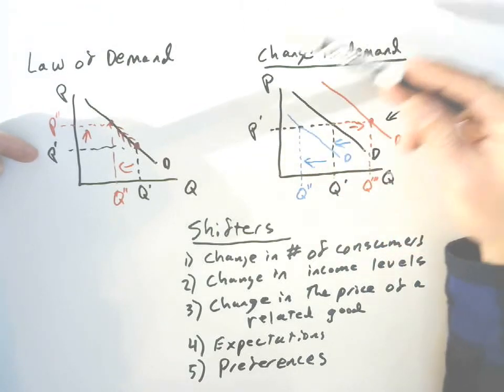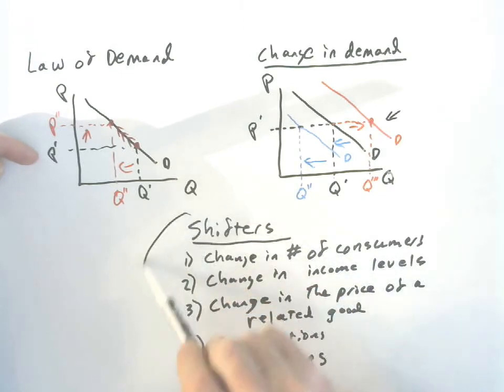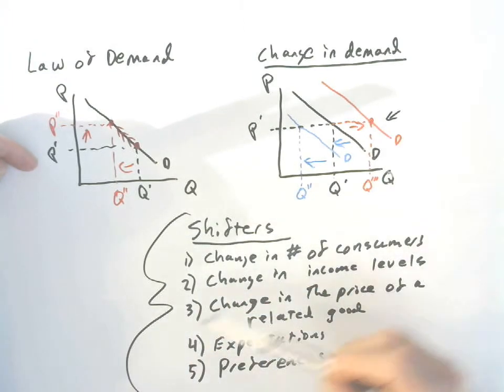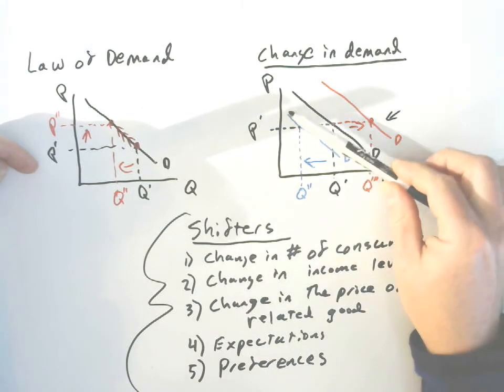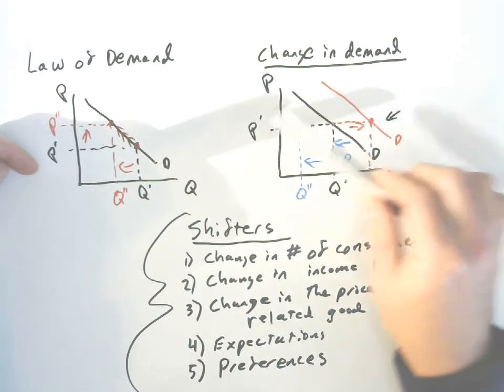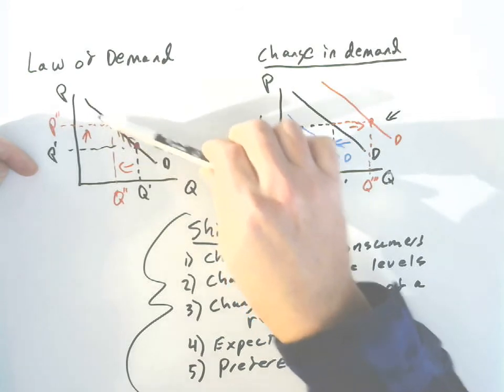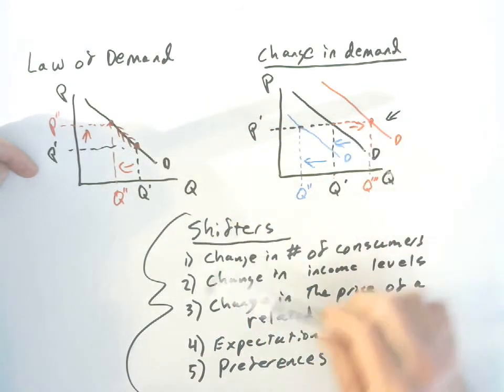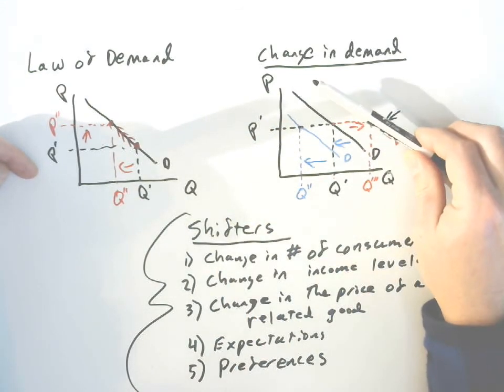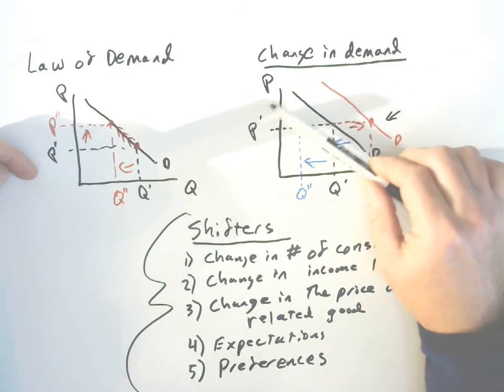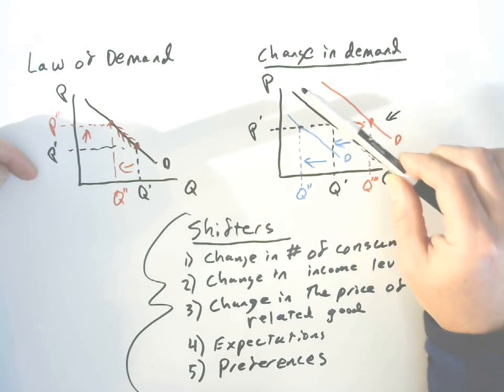But if you change anything else that affects the desirability of the good, then you're shifting the curve. Again, change the price of the product, you move along the curve. Change anything else that affects the desirability of the product, you shift the curve. That's very, very important.